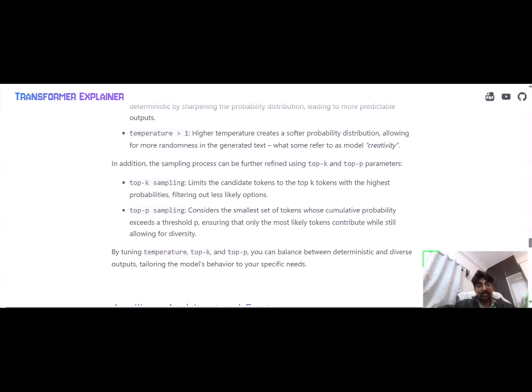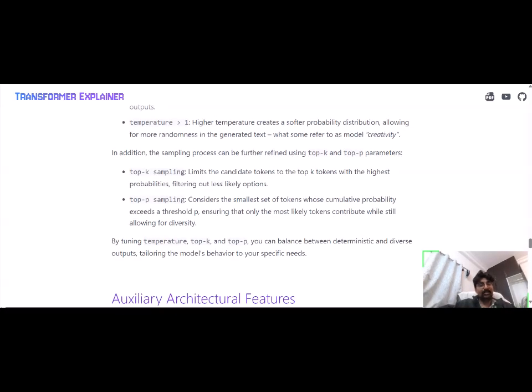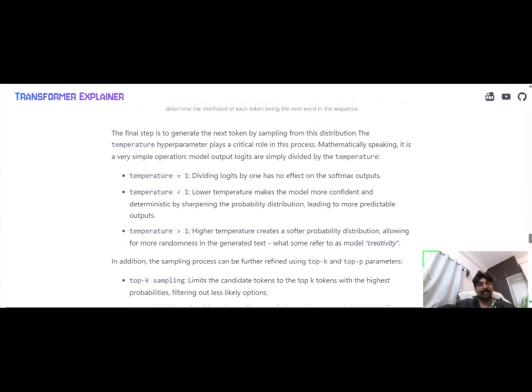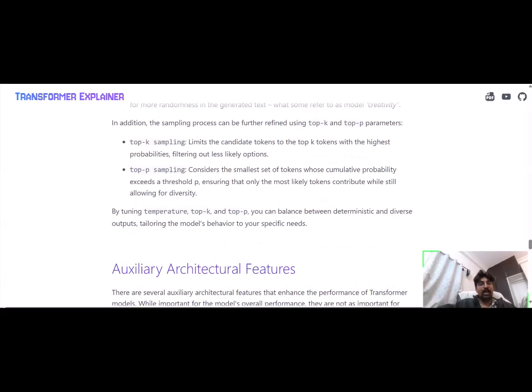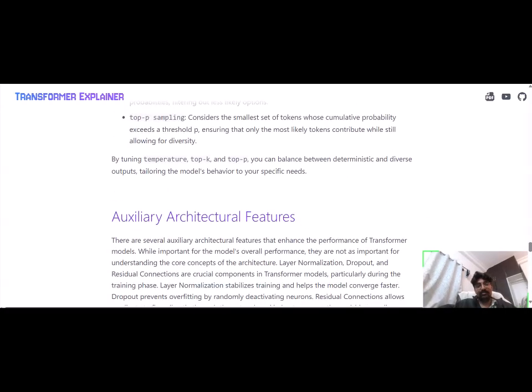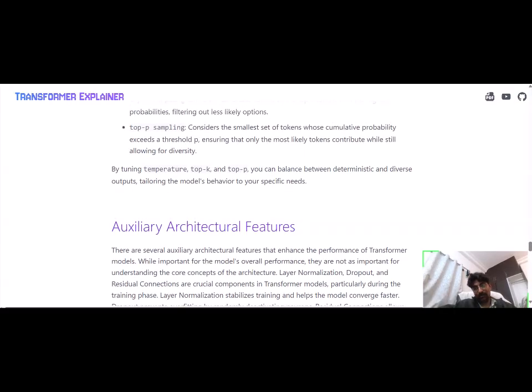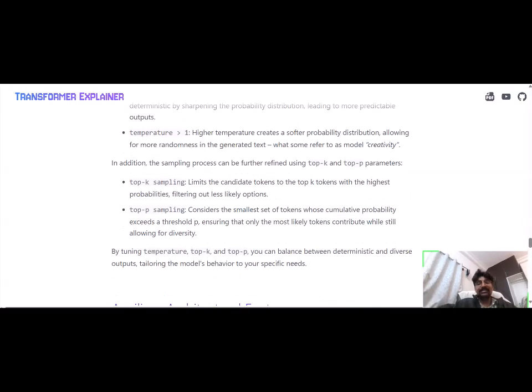We combine the probability of that group, put a threshold, and say the combined probability is this, so that group of tokens will be taken. So based on top-k sampling, top-p sampling and temperature we get the output. We need to tune it based on our requirement. For any generative model, top-k, top-p and temperature are very important.